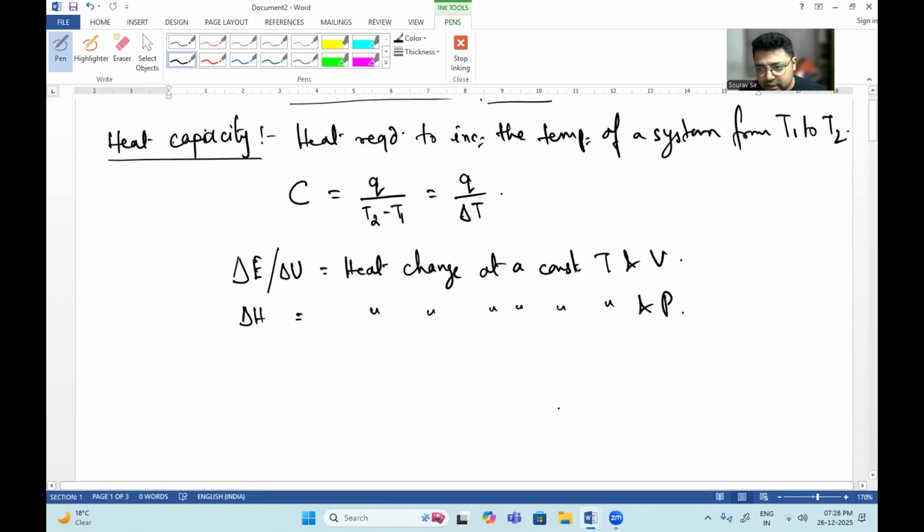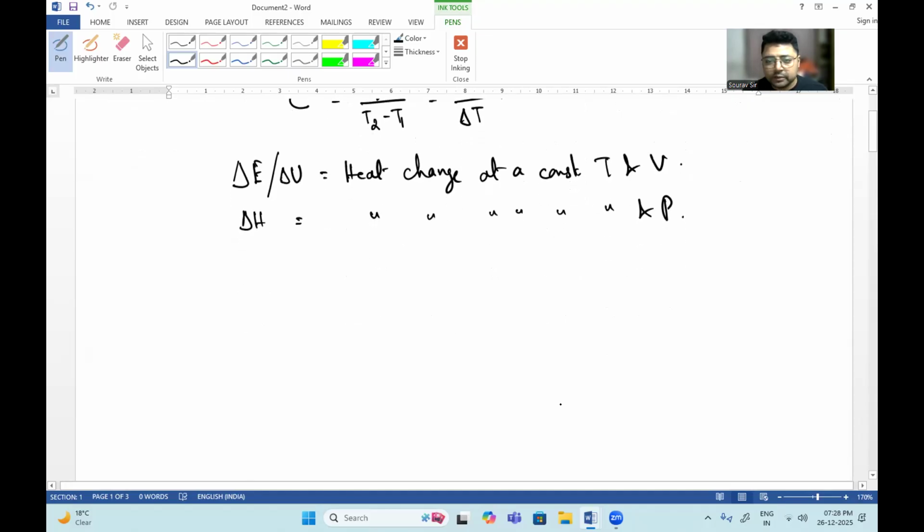Now let us understand it in a clearer way. We will write that delta E is directly proportional to QV. Now, when we divide delta E by temperature, we can modify it as dE is directly proportional to QV.